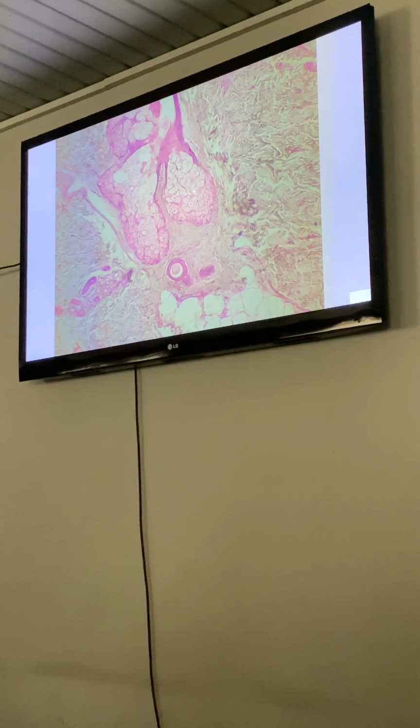Sebaceous gland consists of two types of cells, basal undifferentiated cells and central rounded cells filled with fat droplets. The rounded cells are called sebocytes, and the product of sebaceous gland is called sebum.